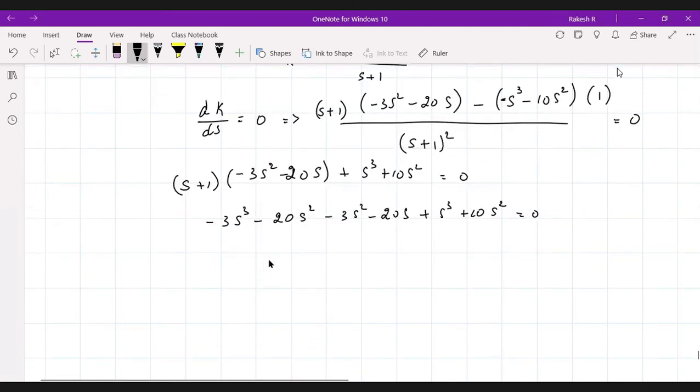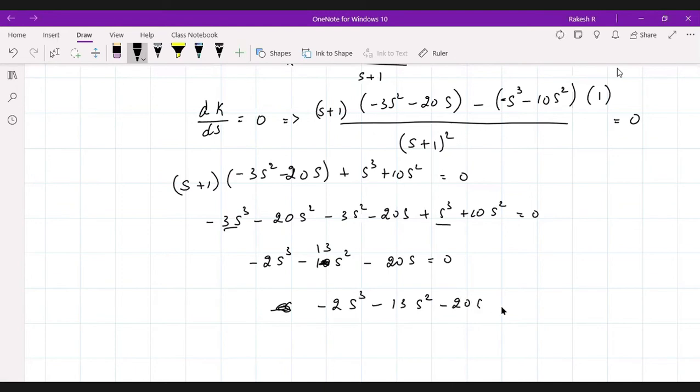Now we shall simplify this. Minus 2s cube; minus 20s square minus 3s square plus 10s square gives minus 13s square; and minus 20s. So we have obtained minus 2s cube minus 13s square minus 20s equals 0.